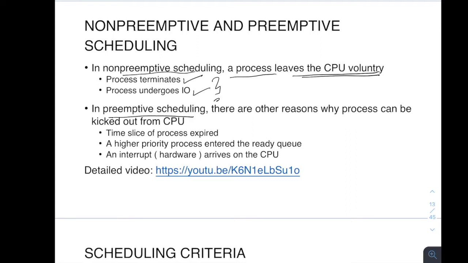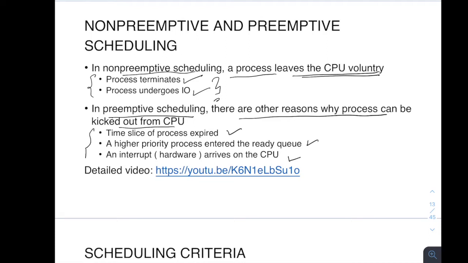But in preemptive scheduling, there are other reasons. Of course these two are reasons, but there are other reasons why a process can be kicked out from the CPU. That means the kernel can forcefully remove that process from the CPU. The reasons can be that the time slice of the process has expired, or a higher priority process has entered the ready queue, or maybe a hardware interrupt has arrived on the CPU.